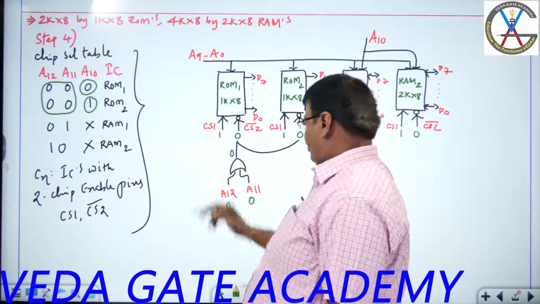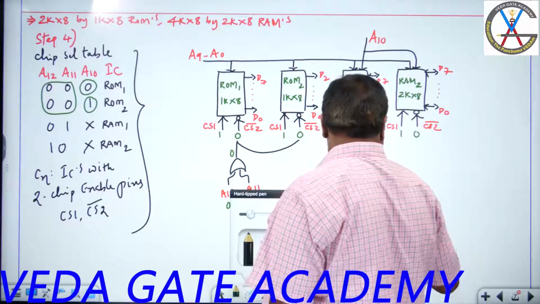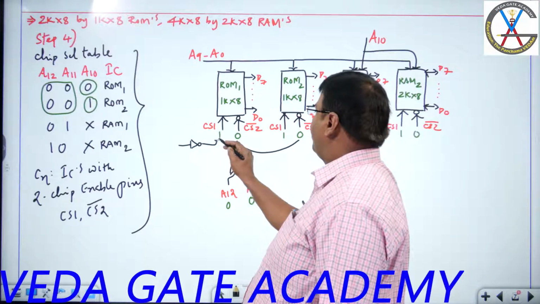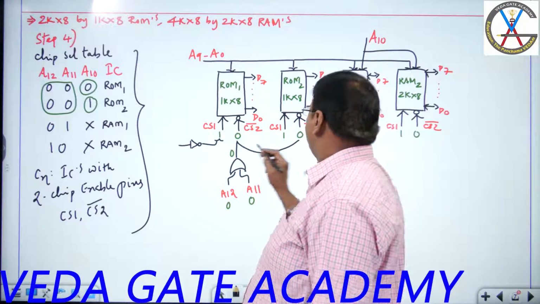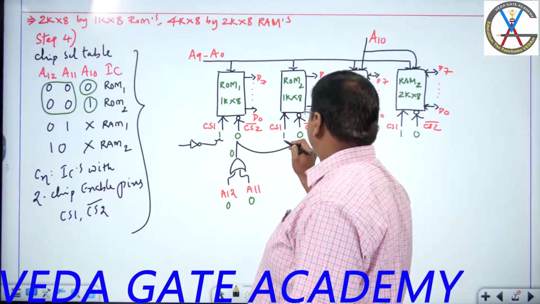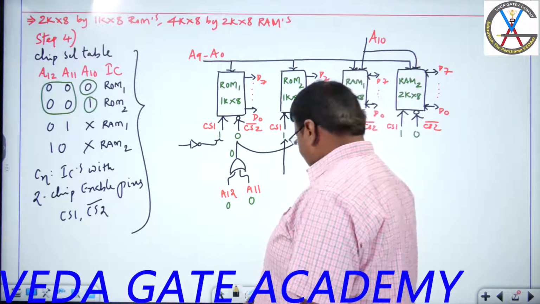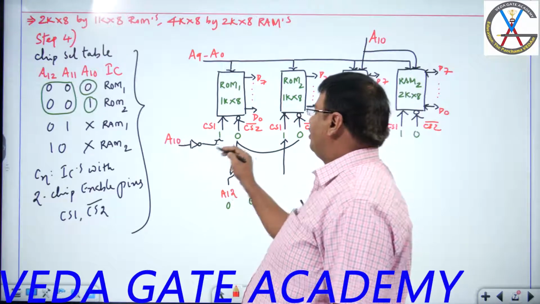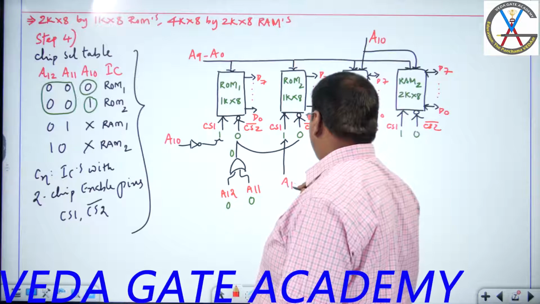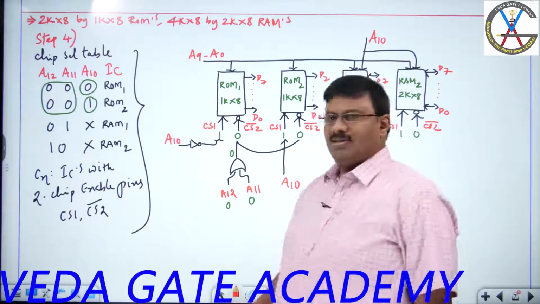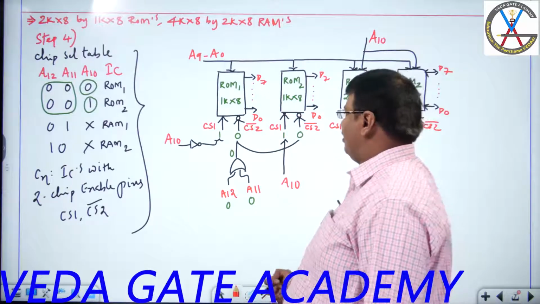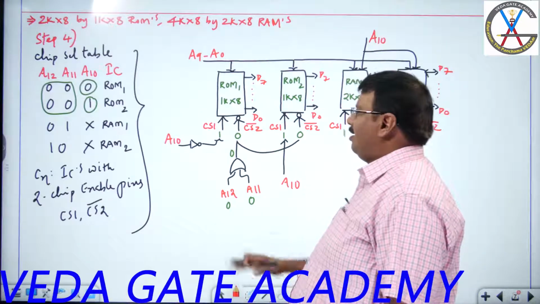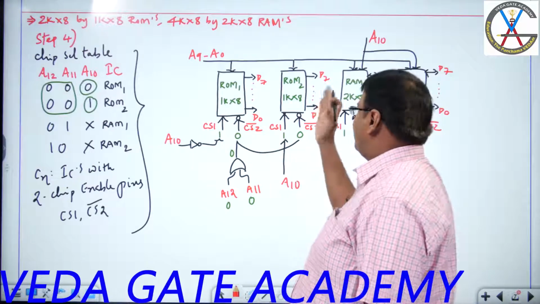So let me connect an inverter here and connect directly here, on the A10 line. If A10 is 0, this gets 1. If A10 is 1, this gets 1. So A12, A11 constantly 0 make these two ready, and A10 0 activates one while A10 1 activates the other.